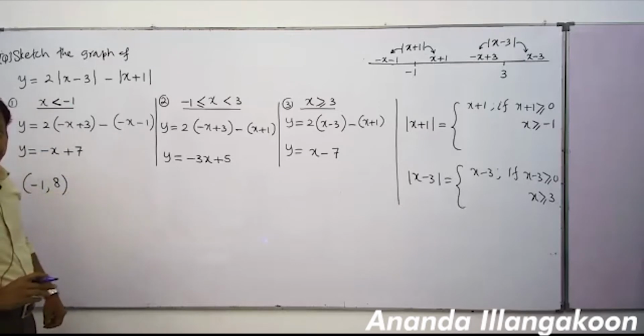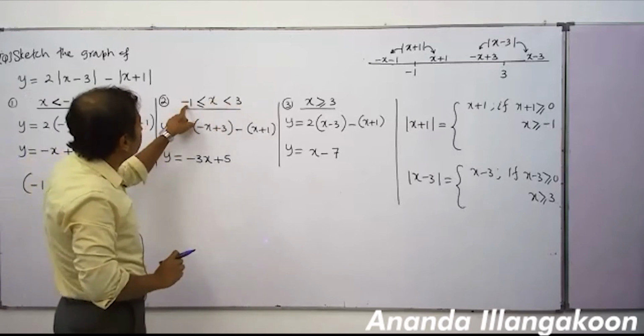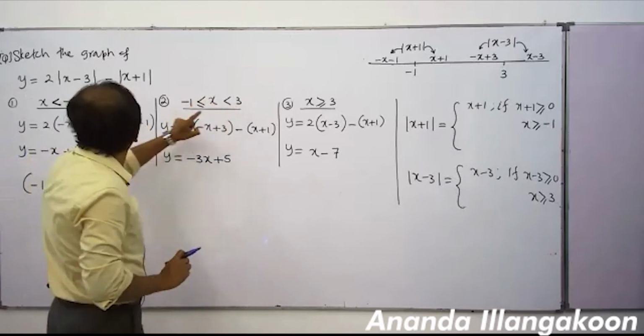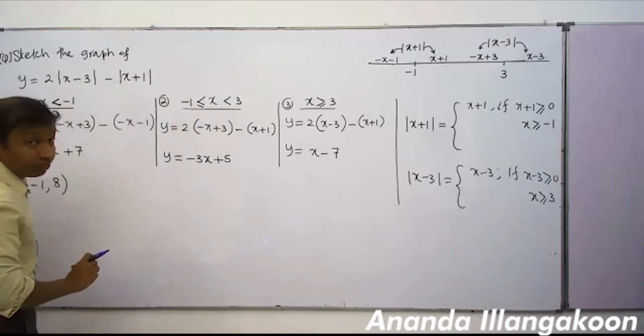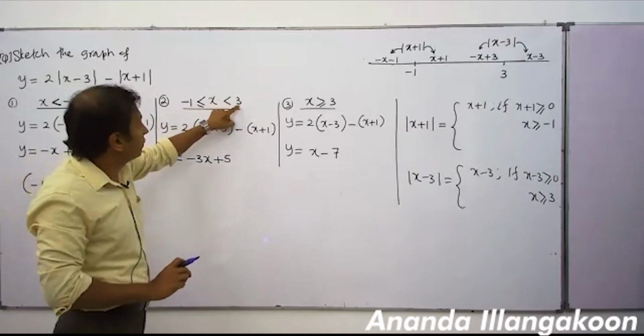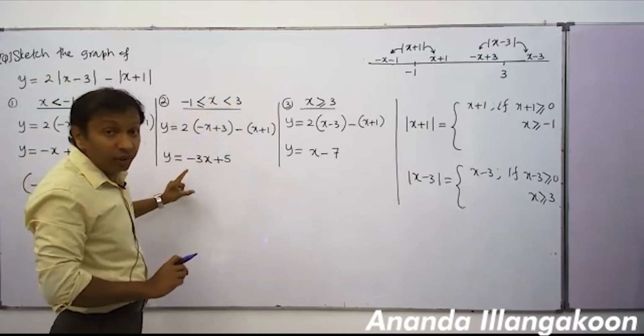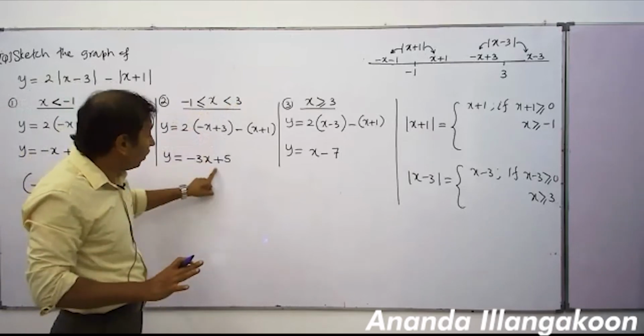Another point we need, we'll see how to do that next. Here, since we have two x values, here we have only one value, no? For x, the other one is minus infinity, no? When we have both these values, minus 1 and 3, we have to put them here and find 2 points. Those 2 points are the 2 points to draw this line.